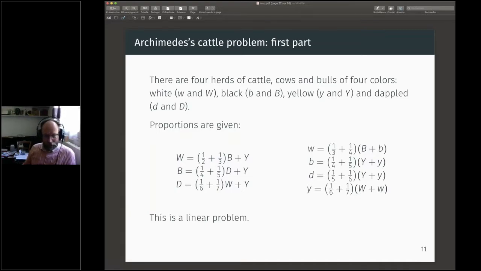And what the problem tells you is proportions of each sort. So, for example, it's told in a very fancy language that the white bulls are 1/2 and 1/3 of the black bulls, to which you should add the totality of the yellow bulls, and so on. And there are a number of equations like that. And you see that's still a degree 1 problem.